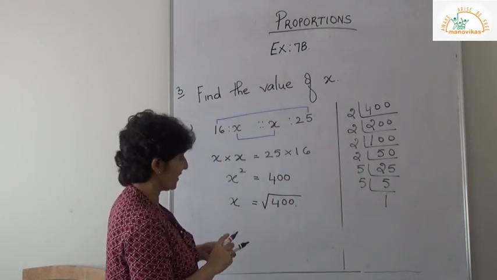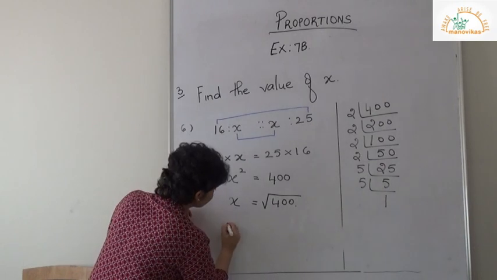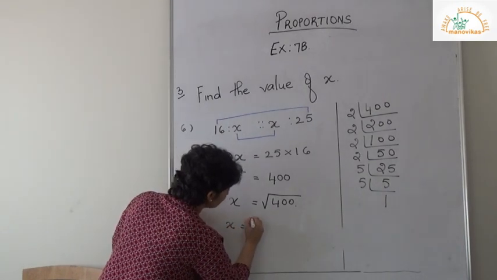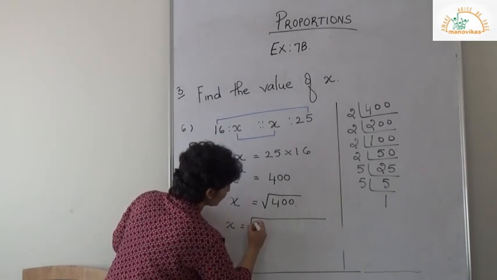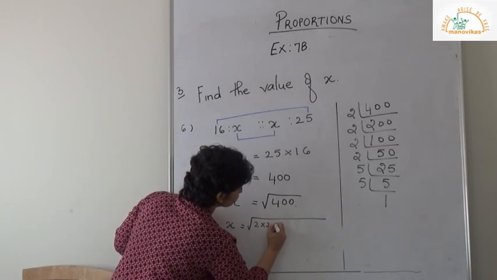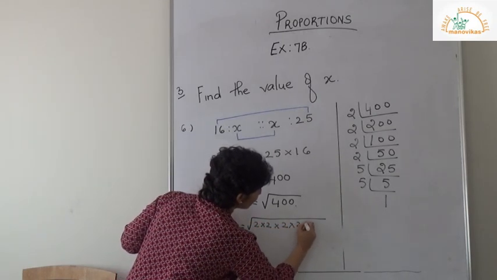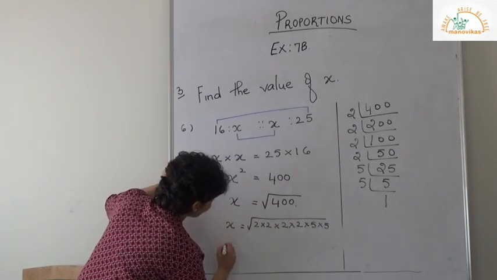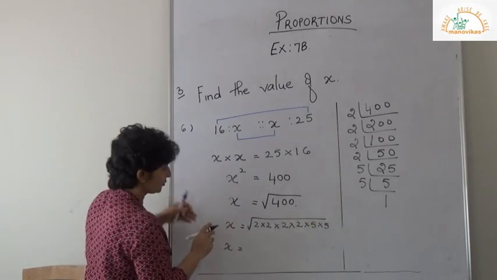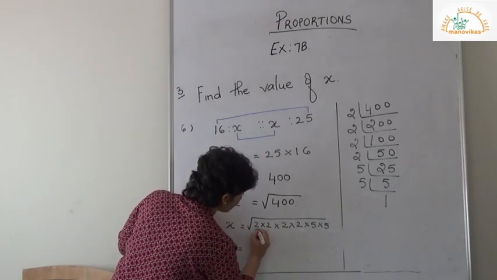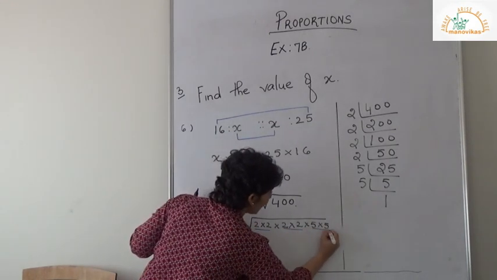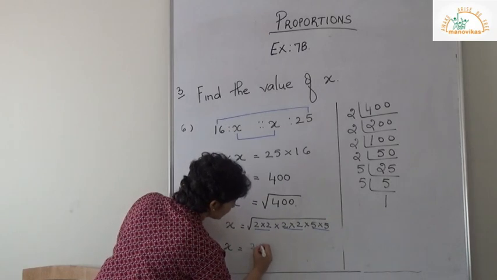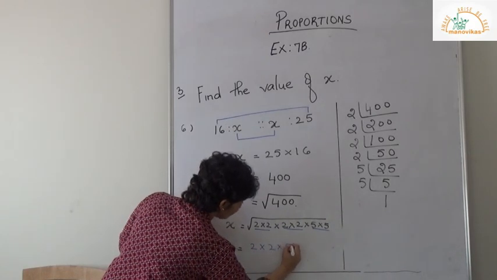Now, how do we find out the square root? X is equal to square root 2 into 2, 2 into 2 into 5 into 5. So, x is equal to, you pair them, 2, 2 and 5. So, I get 2 into 2 into 5.